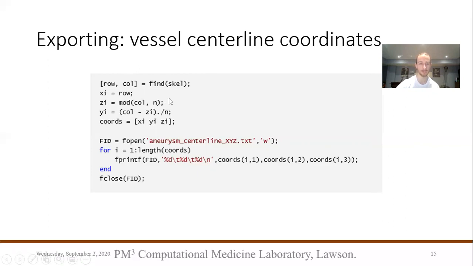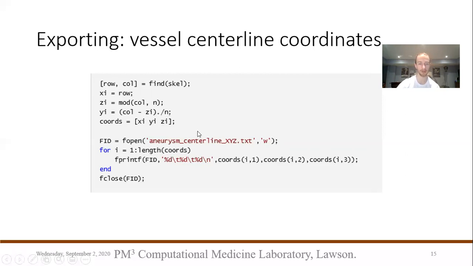And so what I've done is I've taken the mod of the column to get the z coordinate, and then the floor division of the column to get the y coordinate. And then I've brought them all together in this coordinates matrix.